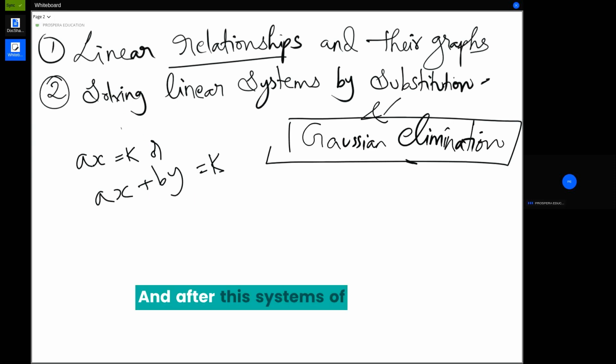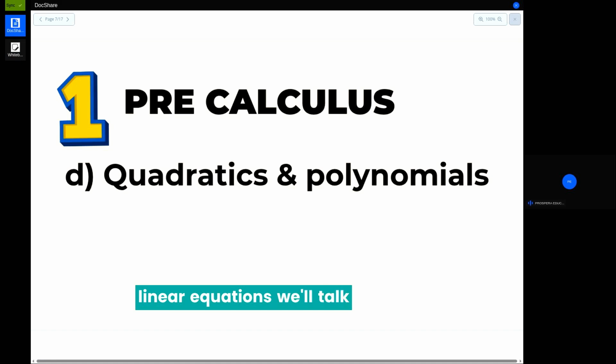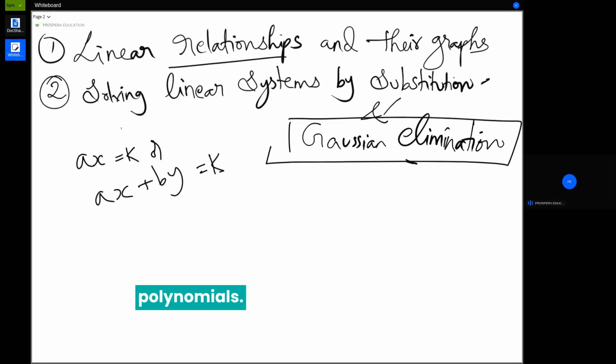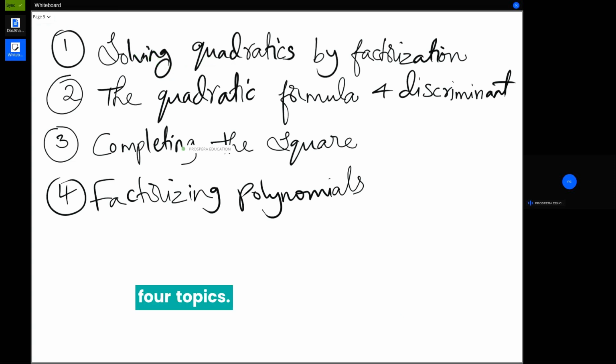And after systems of linear equations, we talk about quadratics and polynomials. With quadratics and polynomials, I'm going to discuss these 4 topics.